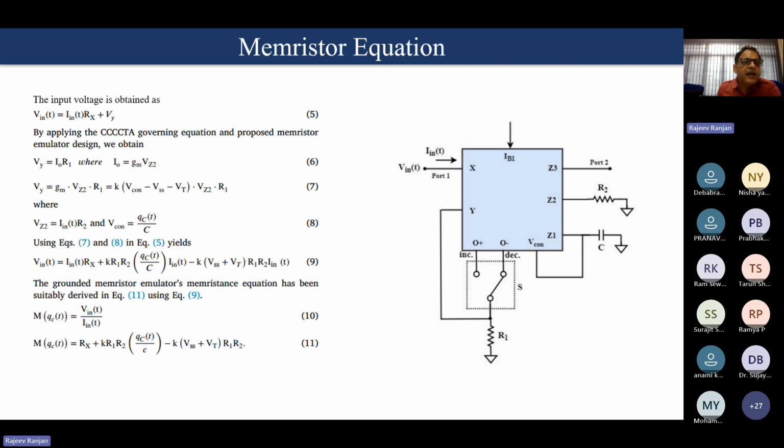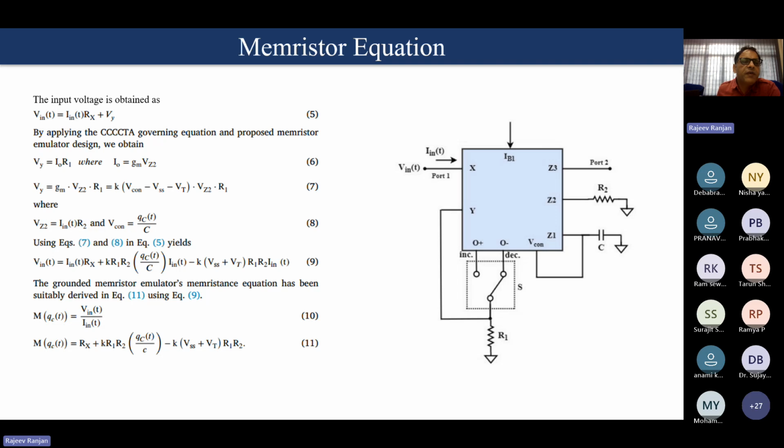After analyzing these, substituting equations 7 and 8 in equation 5, we get Vin equals Iin times [Rx plus K R1 R2 integral of Iin dt minus K VSS plus VT R1 R2] into Iin. This is equation 9.